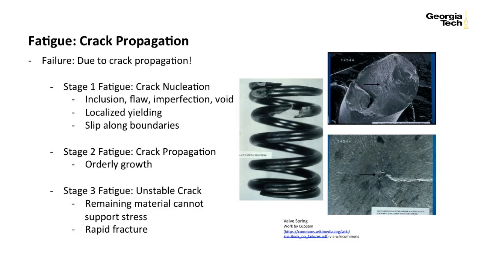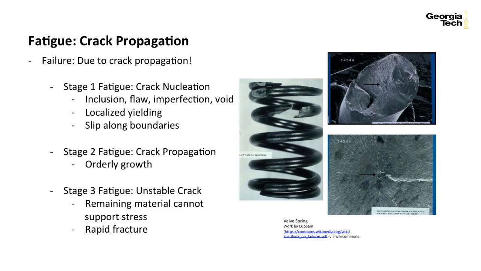Once you have microcracks, you can move into stage two fatigue failure, which is crack propagation. This is when the crack spreads throughout the part. It's a relatively orderly growth. Most parts spend about 5 to 8% of their life in stage two fatigue. Now, stage three fatigue is unstable crack growth.